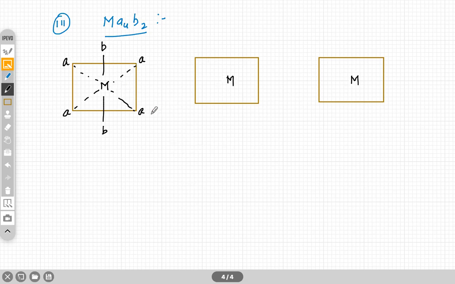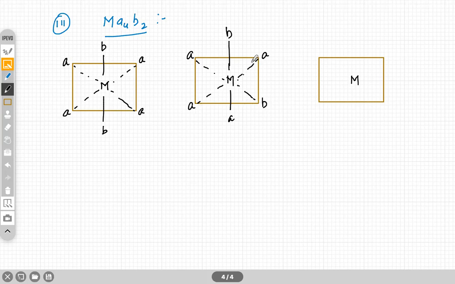Now what you do? This A and B are exchanged. A, B, A. This is B and this is A. This is another possibility. Okay. What is the another possibility we have?